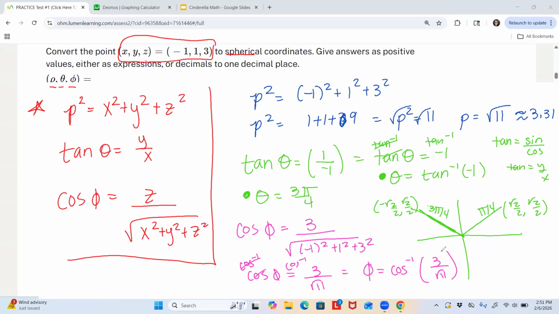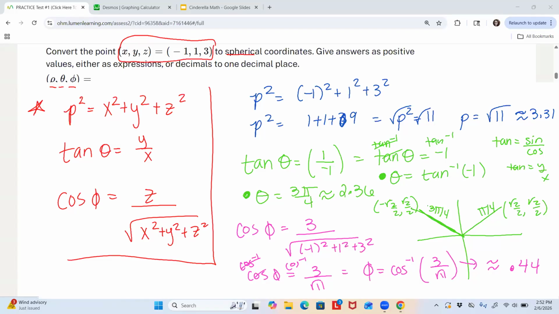If you did want to put that in a calculator and round off, that is approximately 0.44. And I guess technically you could round off 3 pi over 4 too. So if you want to round that off, it would be, let me grab my calculator, 3 pi over 4, approximately 2.36.